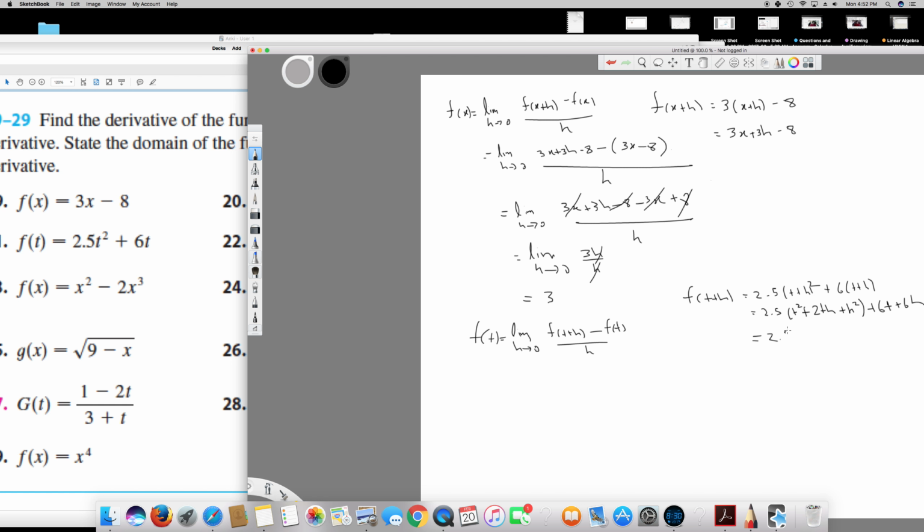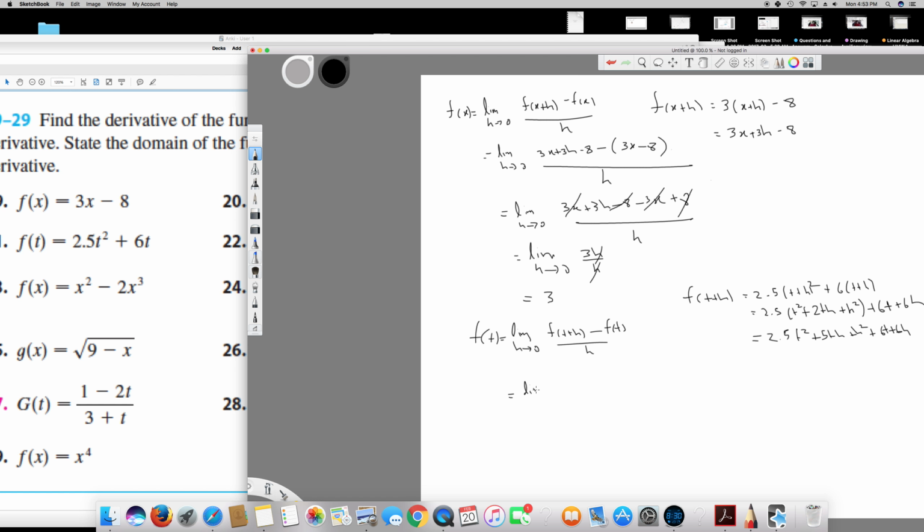It's going to be 2.5t squared plus 5th plus 2.5h squared plus 6t plus 6h. Now I can directly put that value here.